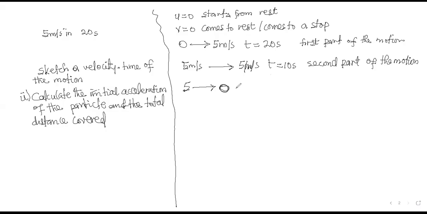And this also took place within a time interval of a further 10 seconds. And this is the third or the final part of the motion. So when a question is given, take your time and then divide it into parts gradually.